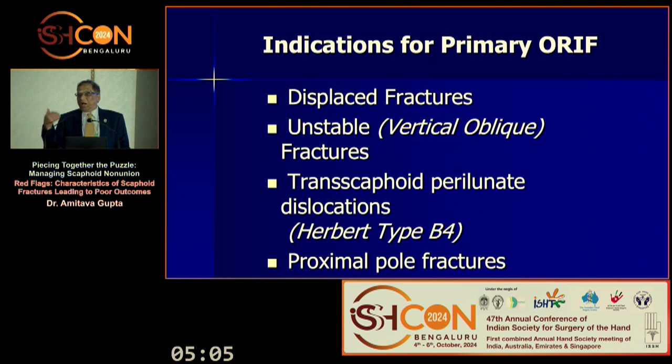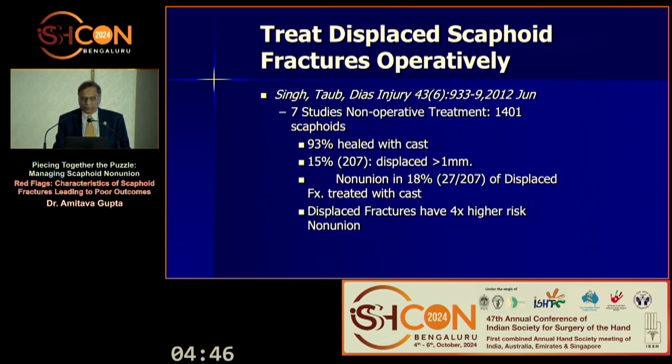So, in my mind, the indications for primary ORIF are these: displaced fracture, unstable fractures, transscaphoid perilunate dislocation, proximal fractures. These are the bad actors. You pick these out and you fix them, and the rest, we'll talk about it in a little bit.